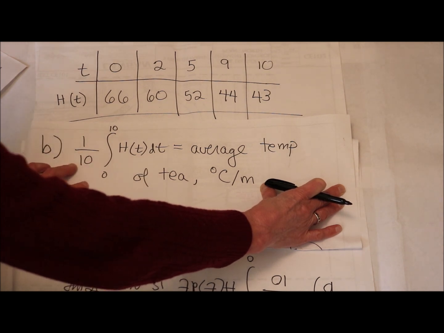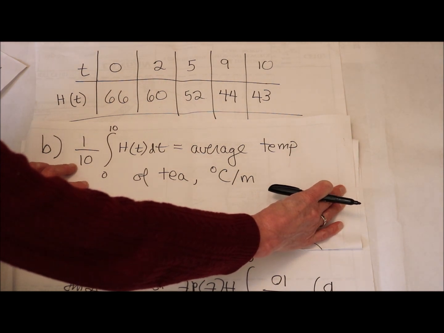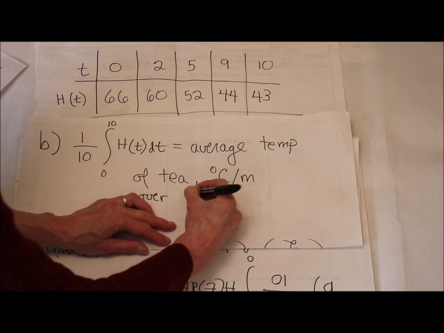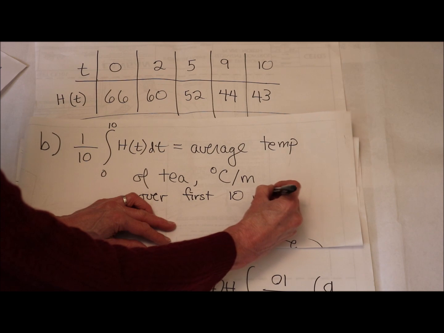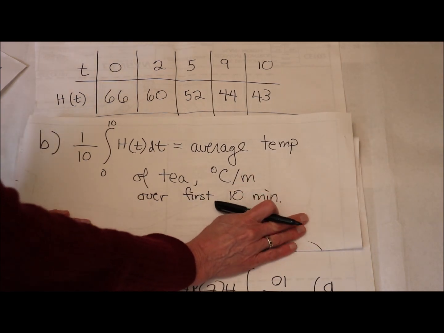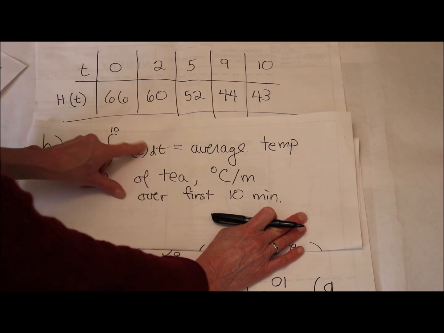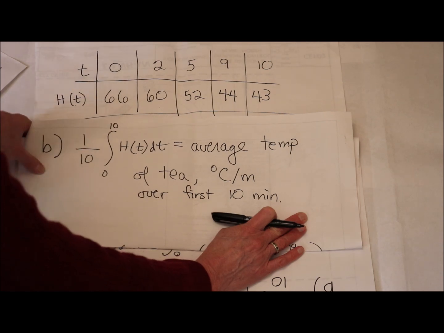So this would equal the average temperature of the tea in degrees Celsius over the first 10 minutes. But again, that's not going to be on the 2020 exam. But the second part, estimating this integral using a trapezoidal sum, might be. So we should definitely go over that.